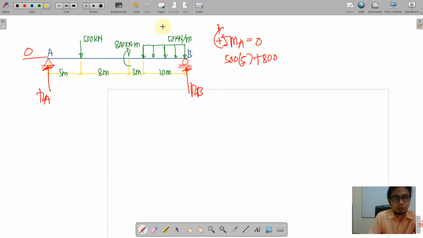Okay, so let us resolve the resultant here. So 50 by 10, that is equal to 100. So that is plus 800, and then clockwise plus 100. The distance is 5 plus 3, 8 plus 8, 16 plus 5, that is 21. 8, 16, 22.